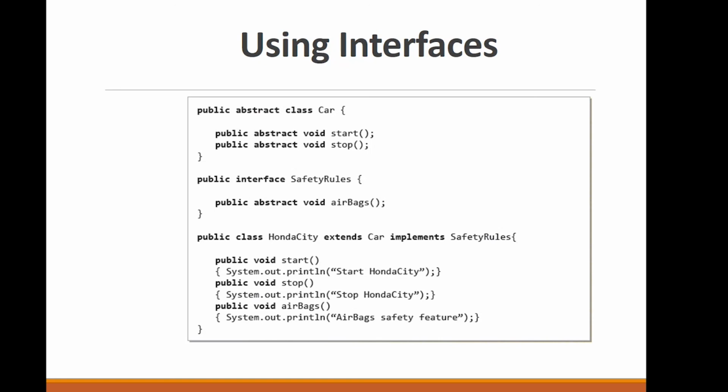So Honda City meron siyang safety rule. Since in safety rules, Honda City must have an airbags method. But what if you created a Volkswagen car? Those types don't support an airbag, a car with no airbag.